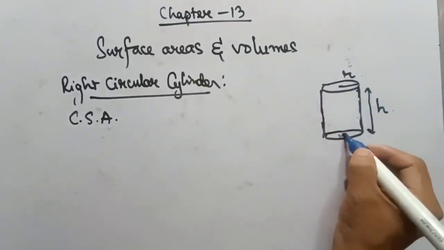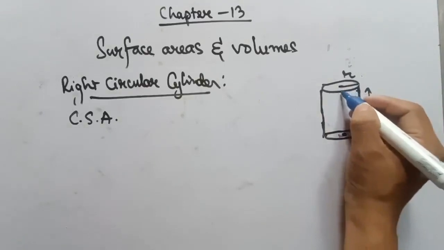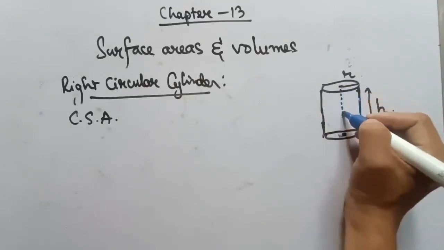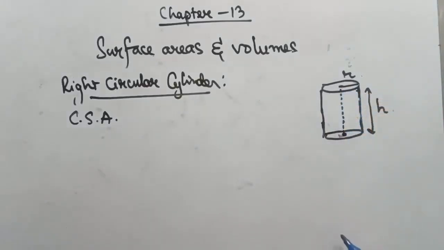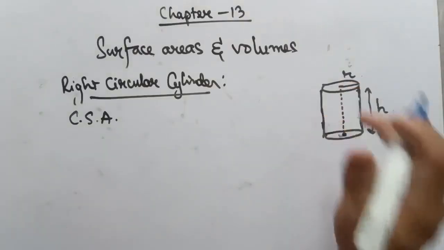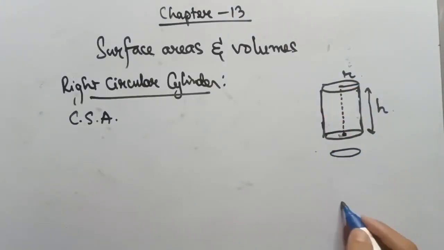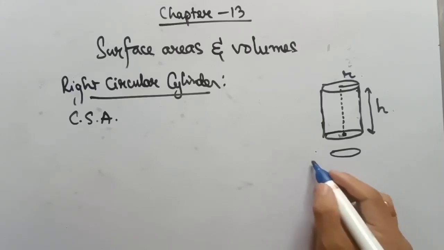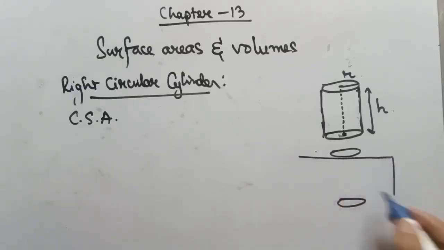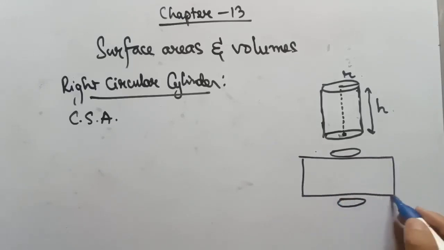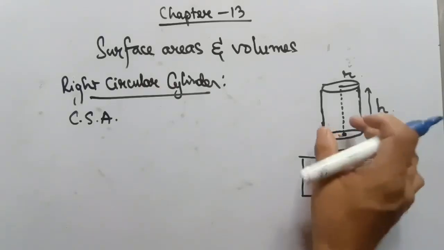Suppose we cut the right circular cylinder at this portion, then we will get two equal circles at the top and the bottom, and one rectangular shape which is rolled to form the curved surface area of the cylinder.